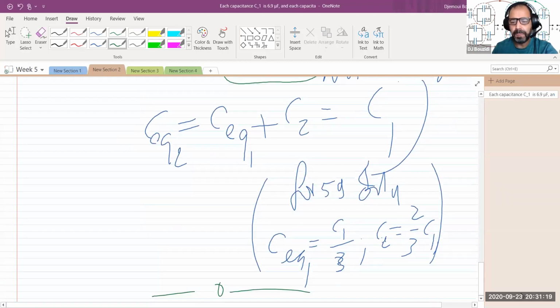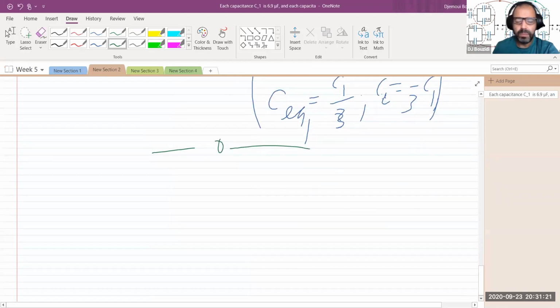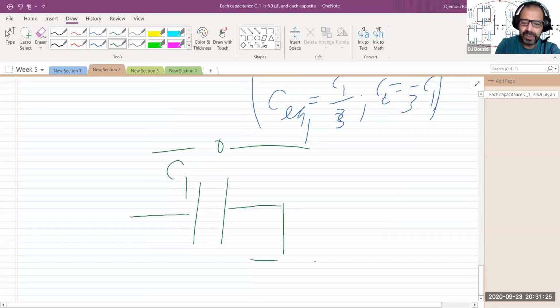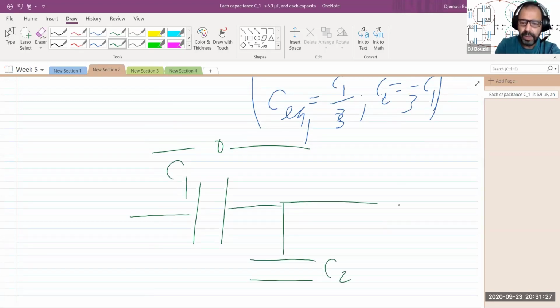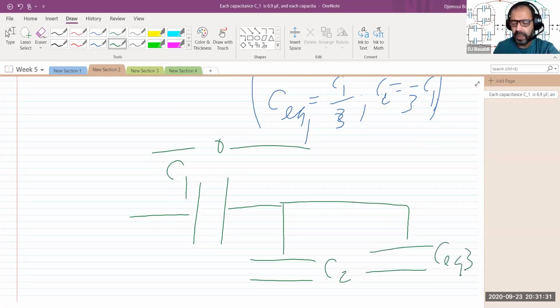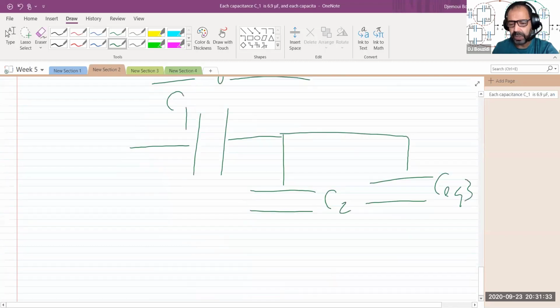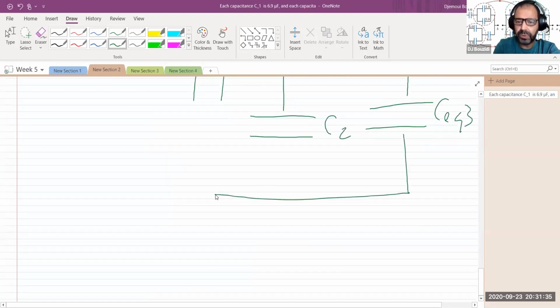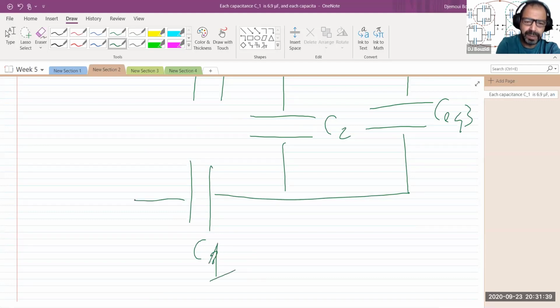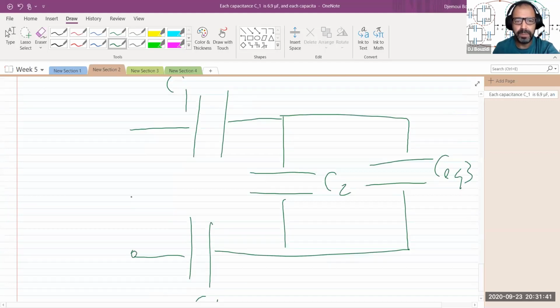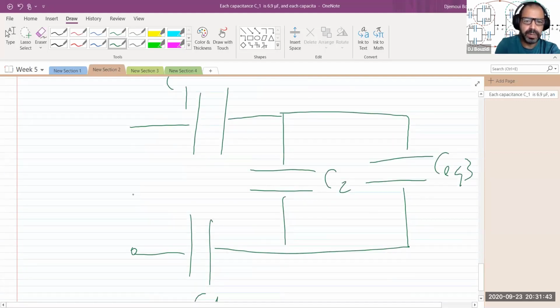So now we have a C1, we have a C2, and we have subbed everything by C equivalent 3 and removed everything from the picture except this CEQ3, and we still have our C1 just before going back into point B. Okay, so this is how the circuit looks now.